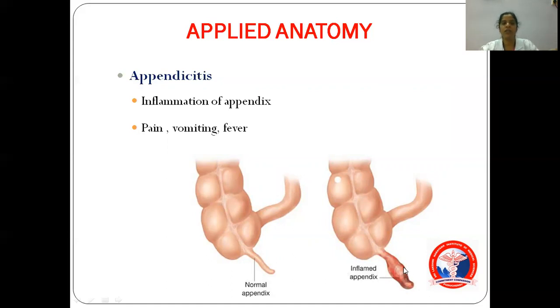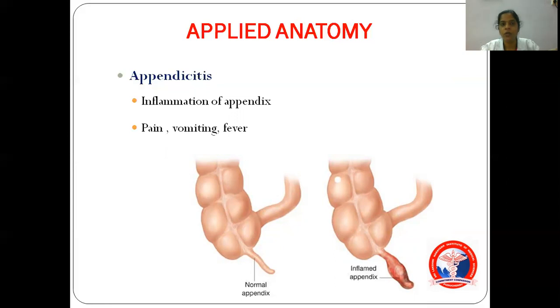The patient will come with complaints of pain in the iliac fossa. At first, it will be seen around the umbilicus, because the T10 dermatome supplies the umbilicus, and the same T10 supplies the appendix. So there will be referred pain. First, the pain will be seen in the umbilicus.